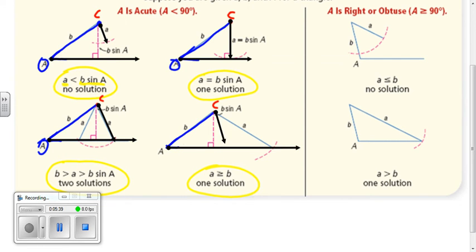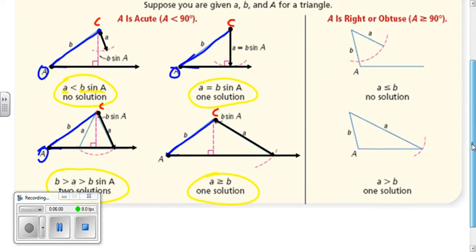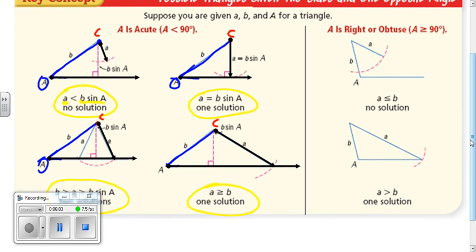And A, which is not as short as B, it's longer. Since it is longer, it won't work anywhere over here or down here. We have to come all the way back around to here. This is the only place where it'll hit and make one complete triangle. So that's a situation where A is greater than B. There are other situations too where A is an obtuse angle instead of A being acute.